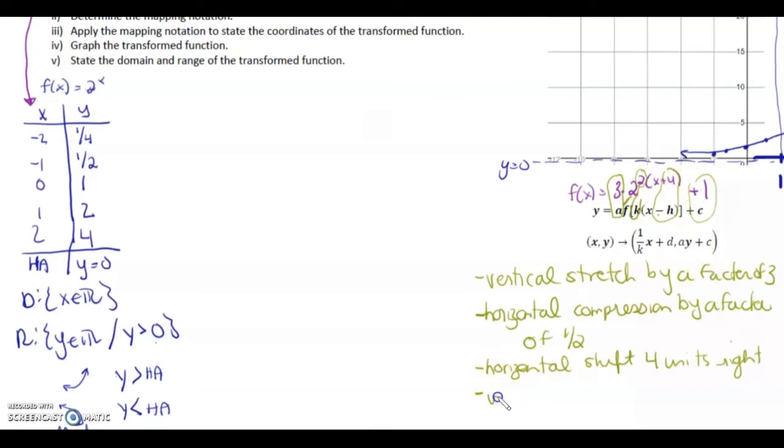And then this is a vertical shift 1 unit up. Sorry, my mistake. This was 4 units left because the H is -4. Right? Looks positive, but actually negative.